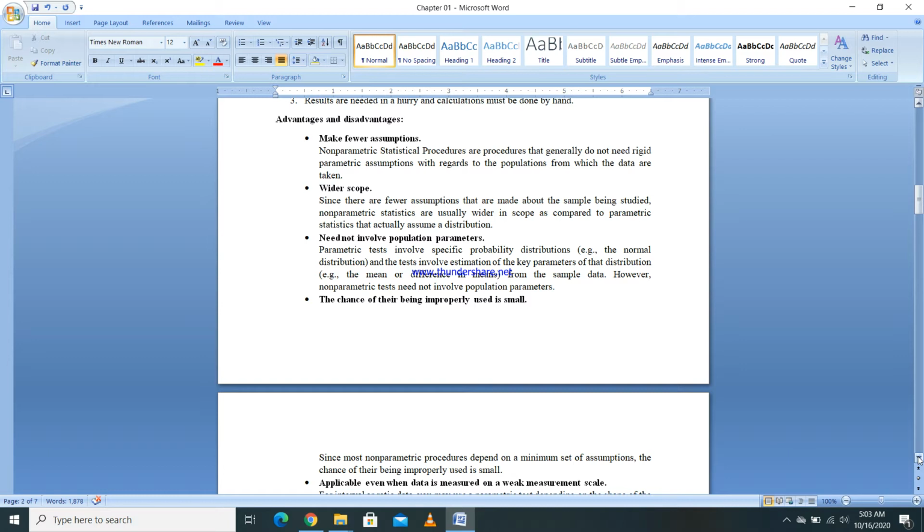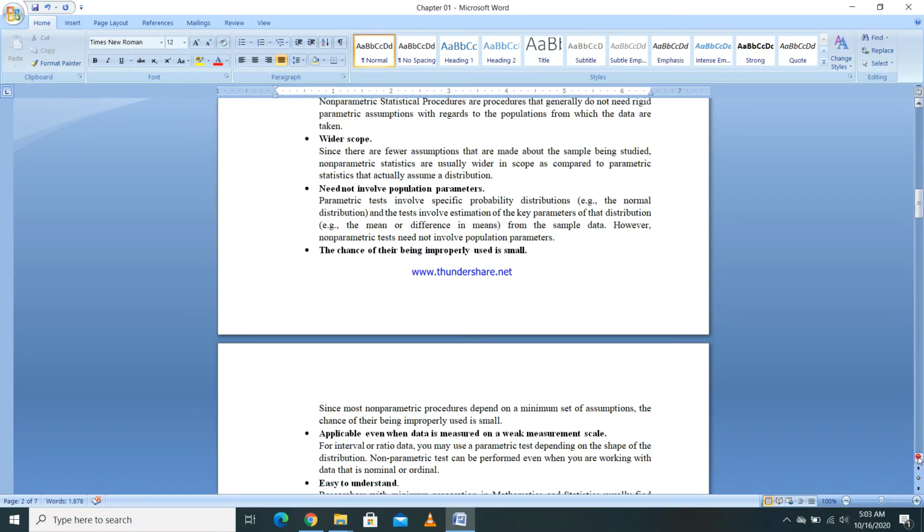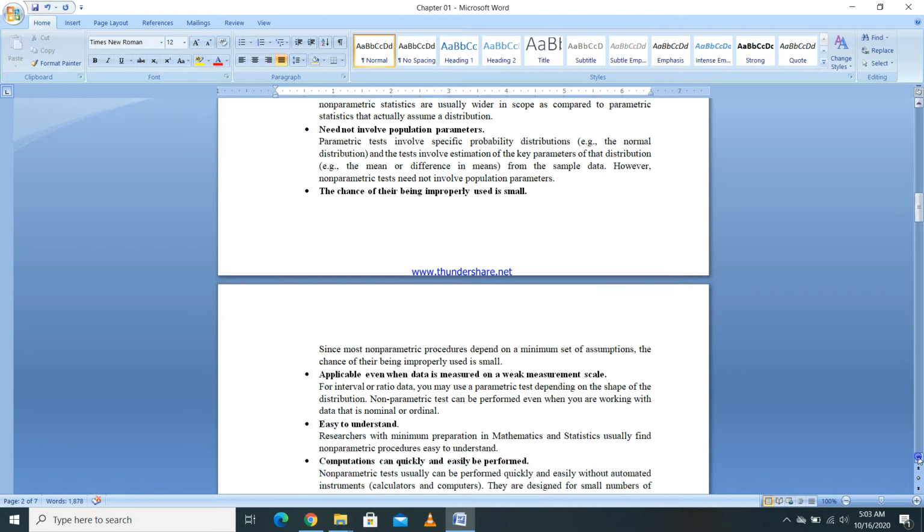So the chance of them being improperly used is small. Why? I told you we have very few assumptions in non-parametric methods. So if you have very few assumptions, you have a very small chance of using a particular non-parametric procedure in an inappropriate manner, right?